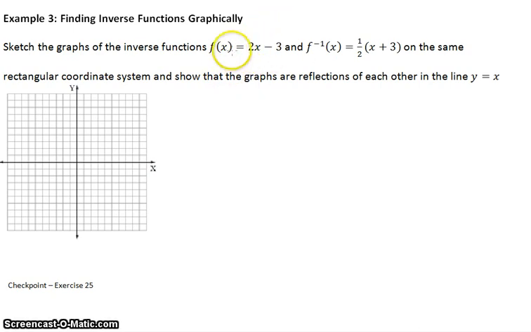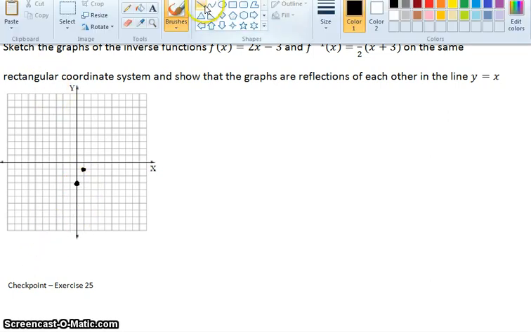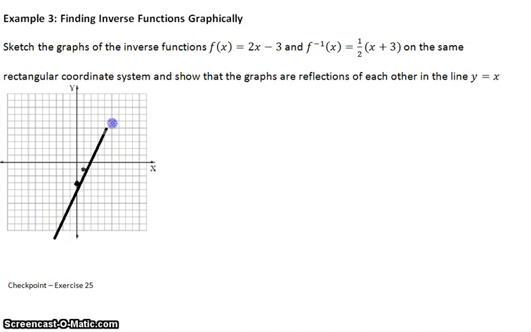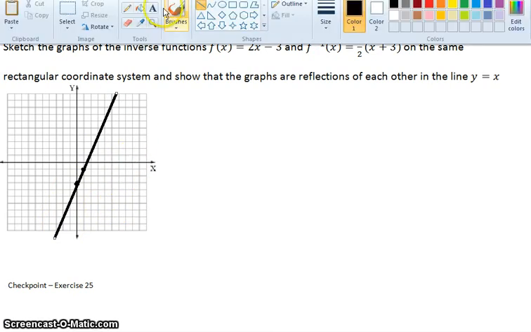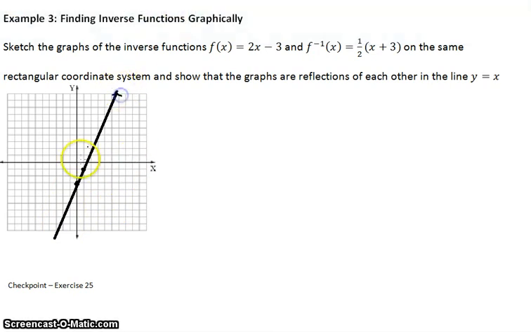So what I want to do is graph this function very quickly. So you see it's just a regular line with a slope and a y-intercept. So I'm going to go down to 3 and up 2 over 1. And what I have is one line, and if I draw a line through them, there is my line. So I'm going to do the exact same thing with the next one. But if you look at the next one, notice that it's not in the right format.